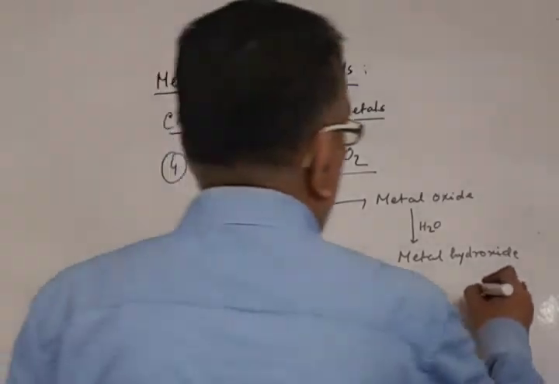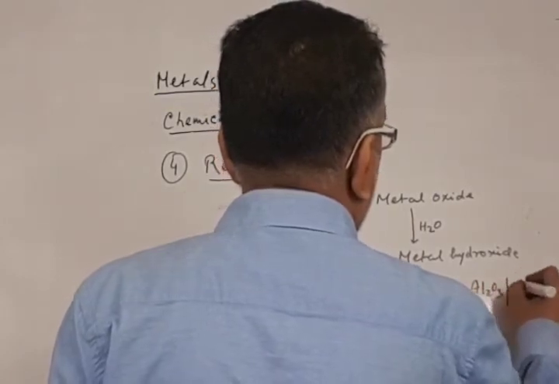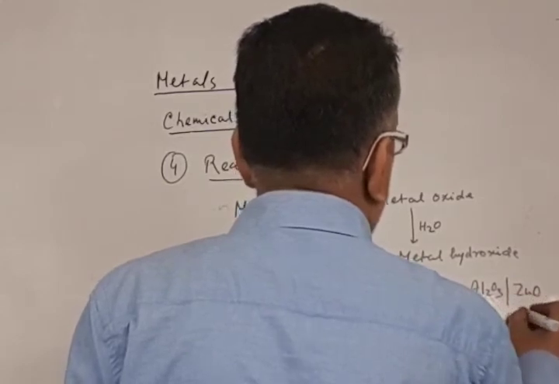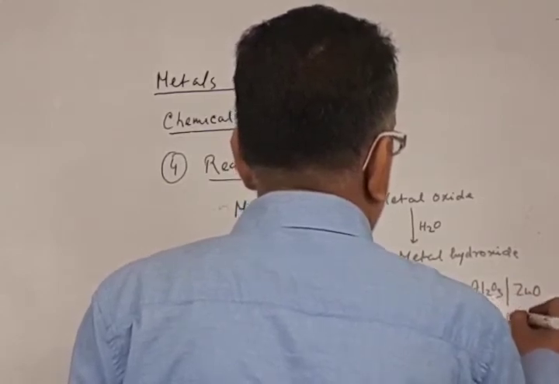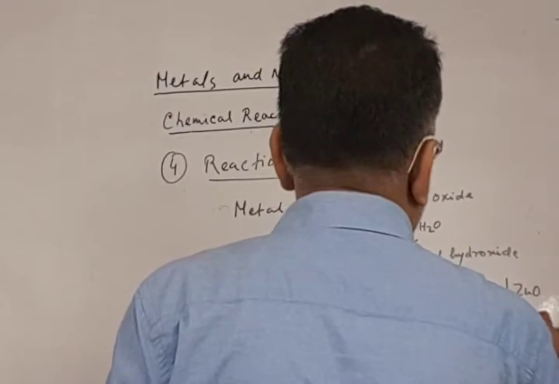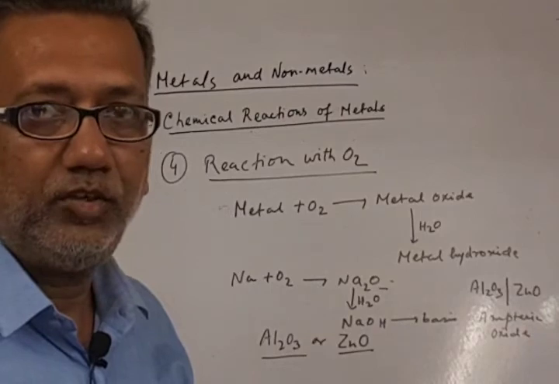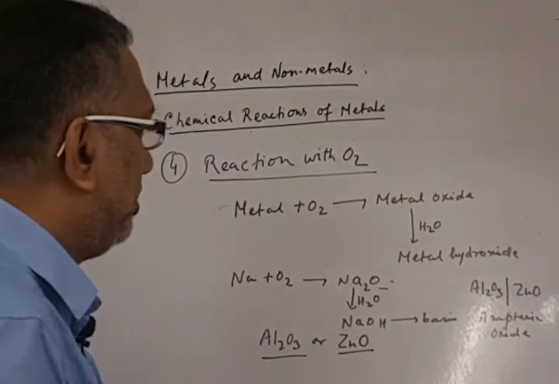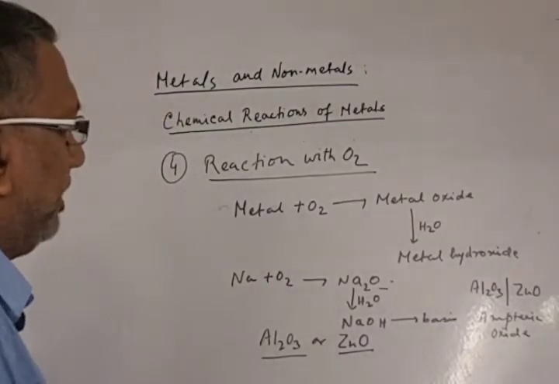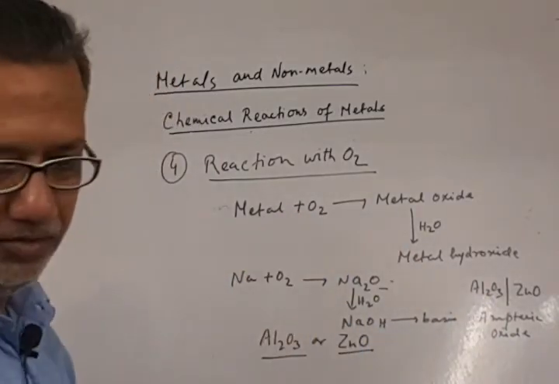That means Al2O3 and ZnO are called amphoteric oxides. That means they react with both acid and base. Okay, so these are the reactions of metal with oxygen.